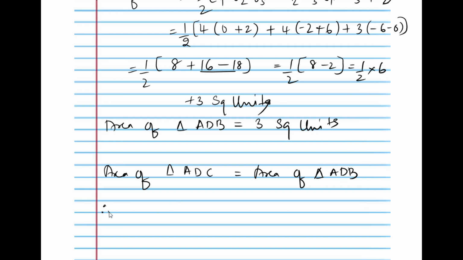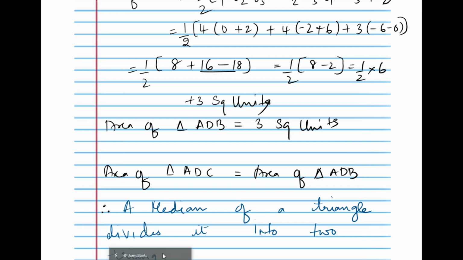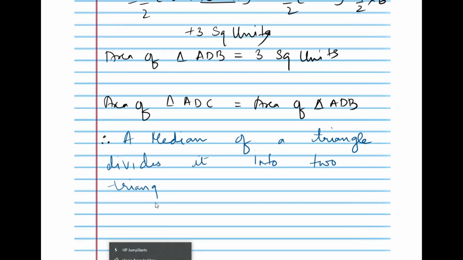Therefore, what we can infer, we can say that a median of a triangle divides it into two triangles of equal areas.